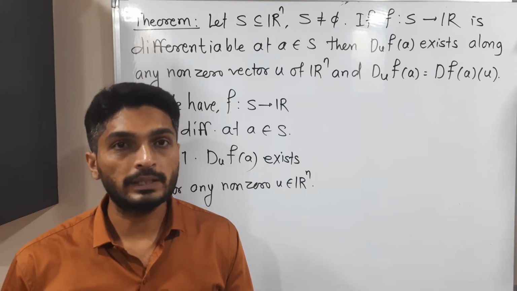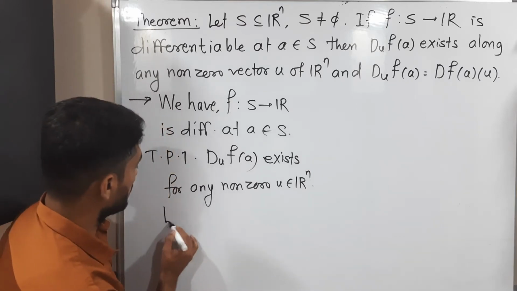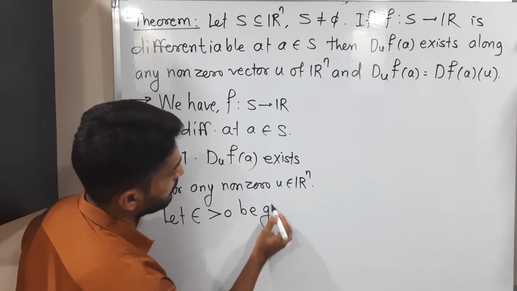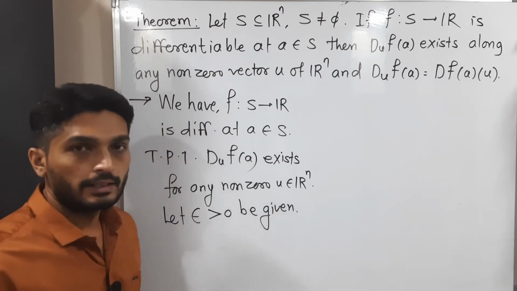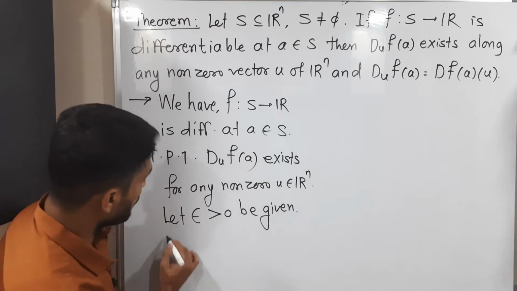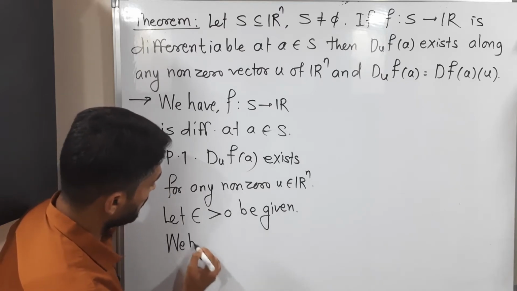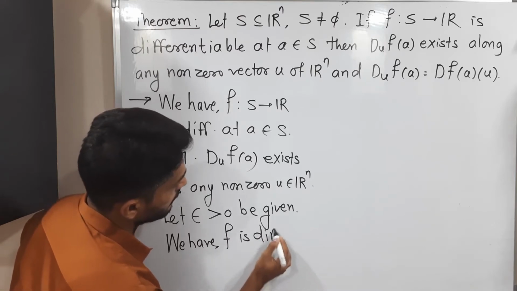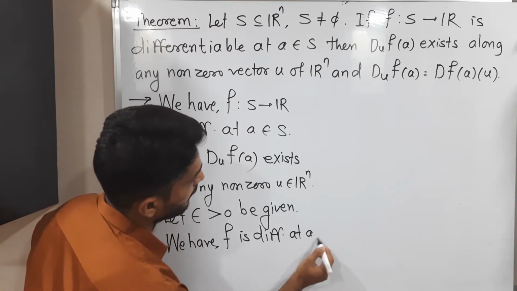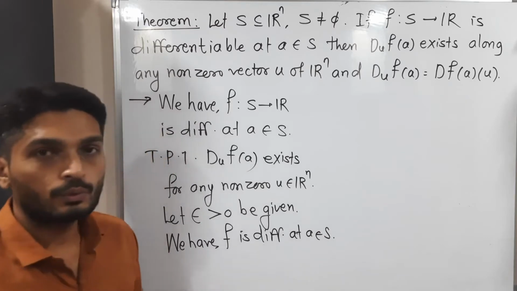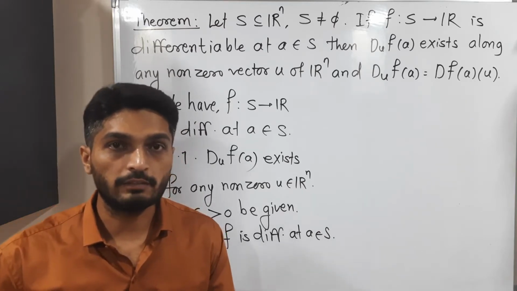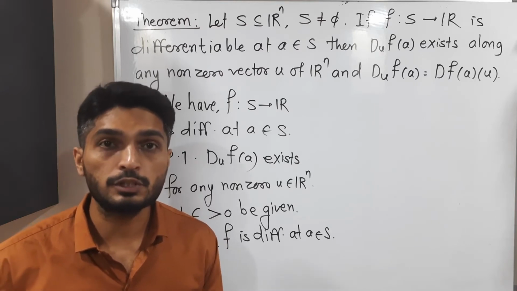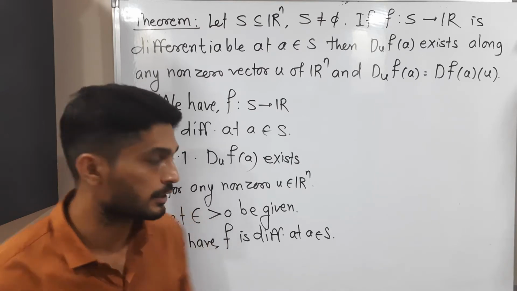We will start with epsilon. Let epsilon greater than 0 be given. Let us use the given information. What we have? We have f is differentiable at A. So you remember the definition of differentiability. The scalar field is differentiable, that means there exists a linear transformation.